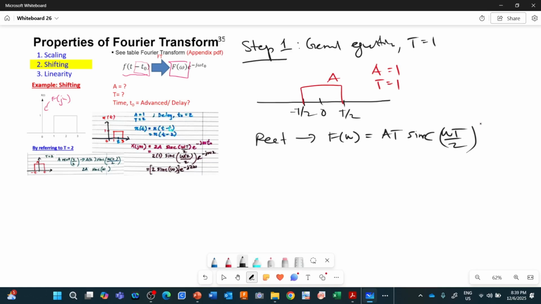So write it out. So you have 1, 1, sec omega 1 over 2. So you get the same thing as the previous one. So I'm just going to write it out. Step number 1.